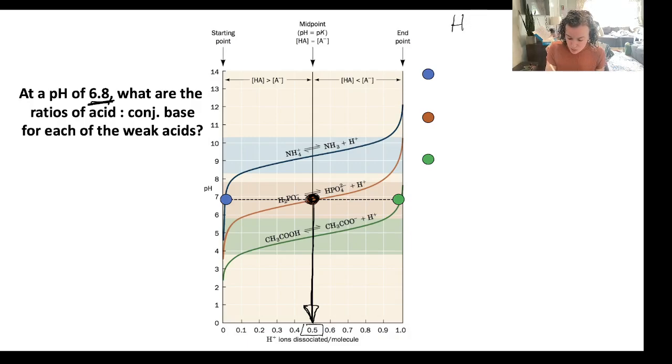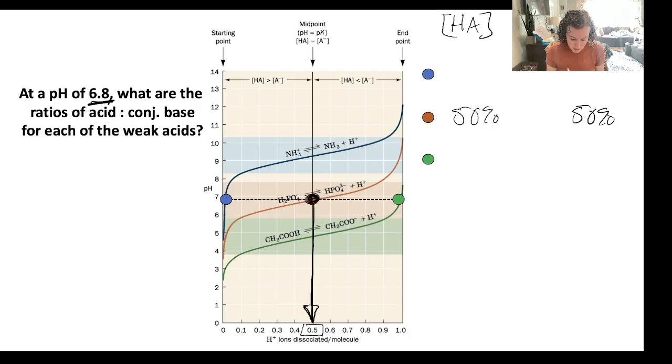So now let's write this down and start comparing what the proportions are of acid and conjugate base for each of these 3 weak acids. So for phosphate at a pH of 6.8, we just saw that we'll have 50% acid form, 50% conjugate base form. Let's take a look next at the curve above phosphate. This is ammonium.